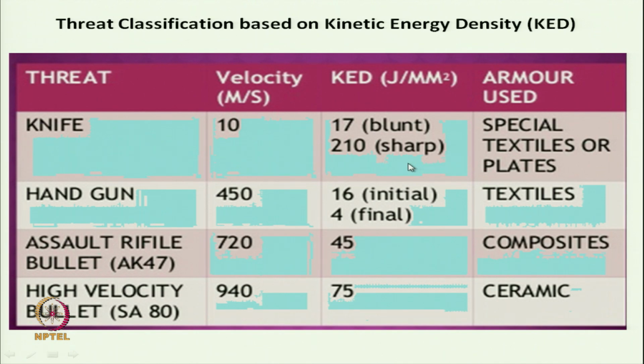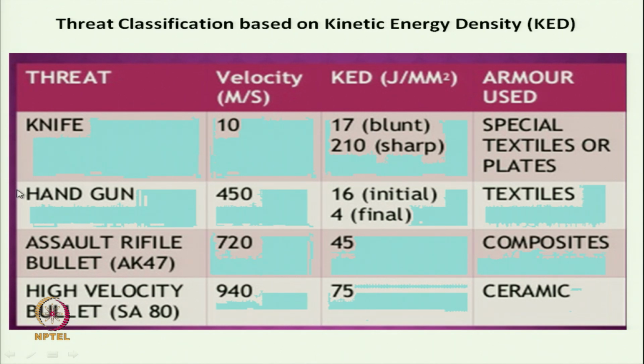If it is a blunt knife, the kinetic energy density will be around 17 joules per square millimeter, and if it is sharp it can go up to 210. So, special textiles or plates are used depending on the threat.